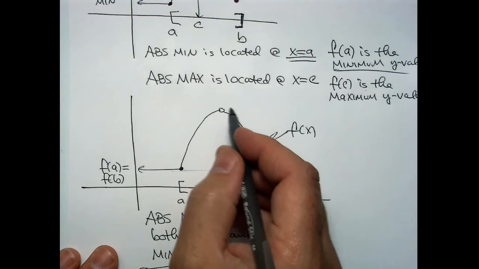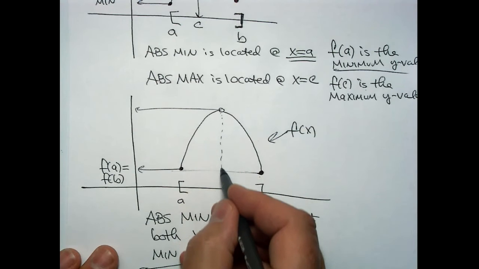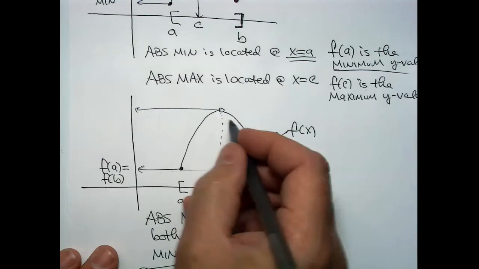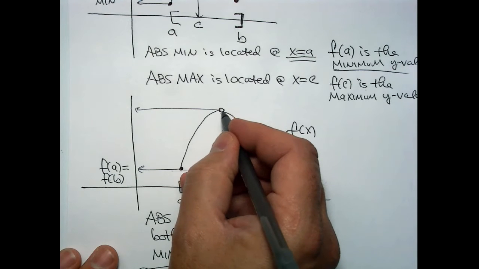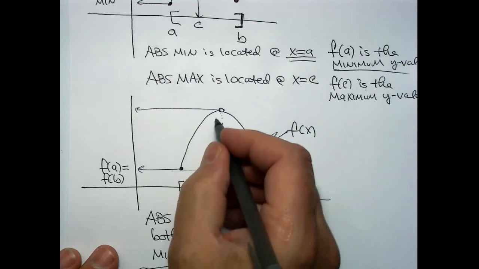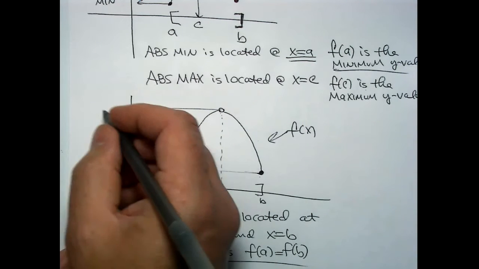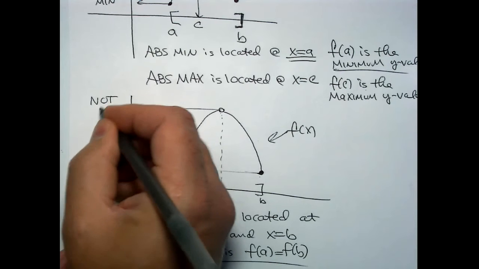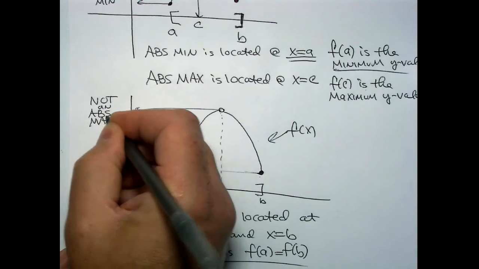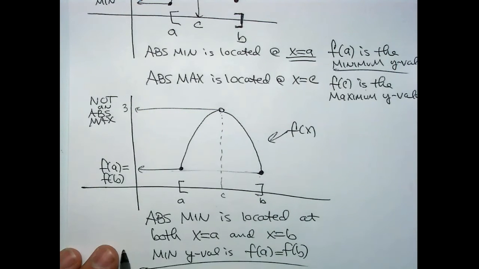Now let's go up here. Maybe this is c, but this is not the f of c up here, because the f of c is undefined, actually. I don't care what that value is up there, the function won't produce it. This is not a maximum value. So let's say that this lined up with 3 or something like that.